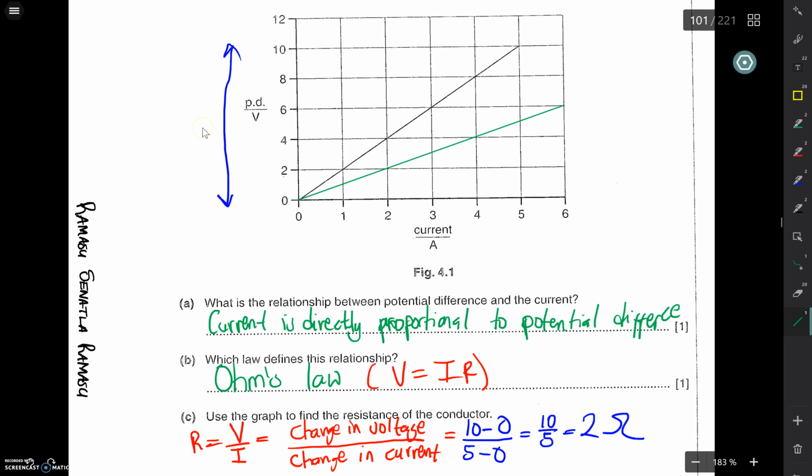Also, one thing I forgot to mention, which is very, very important, is that this is a potential difference versus current graph. So the gradient of this graph is equal to resistance.